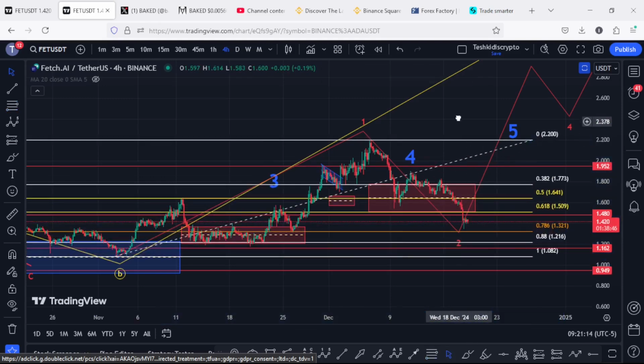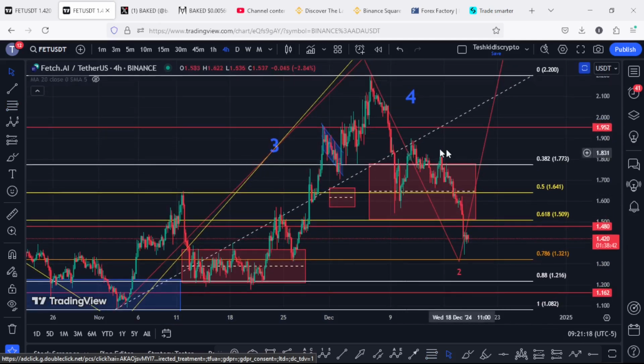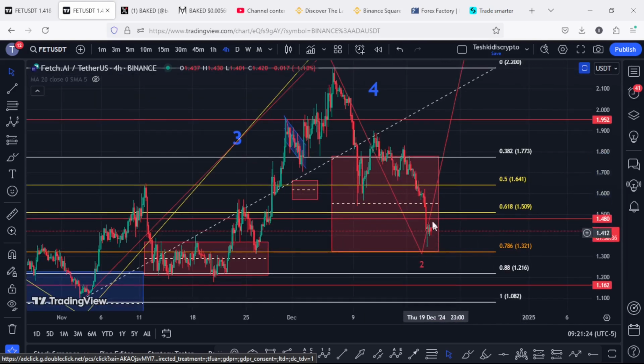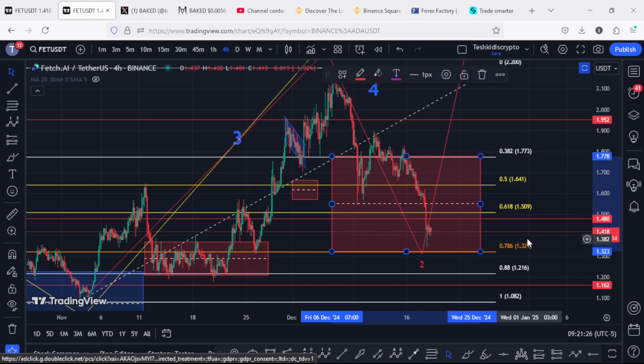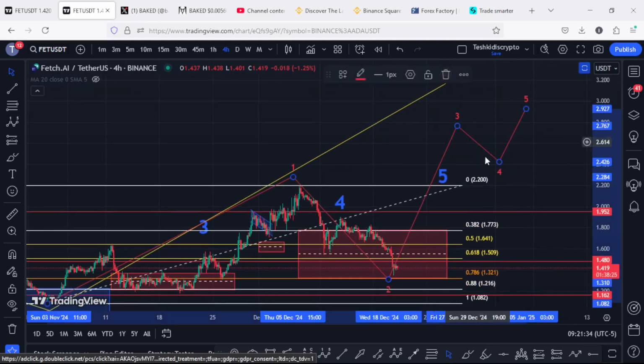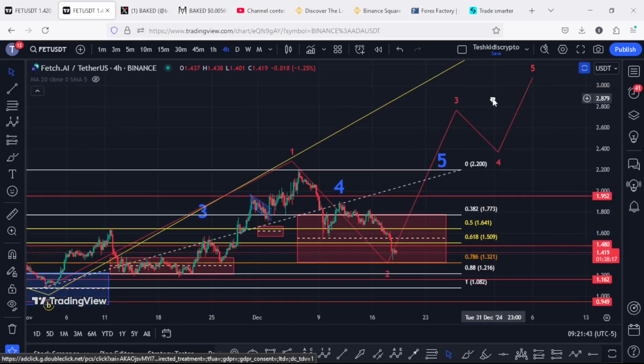And that gives me a minimum target area for the second wave between the fib level 0.382 and a maximum of the 0.786, and that means that we need to see Fetch AI holding above the 1.321, and on holding above that key area, there are chances that we can get another bounce in a wave 3, then expect a wave 4, and then finally peak to the upside in the formation of that wave 5, completing the formation of that wave C to the upper side.